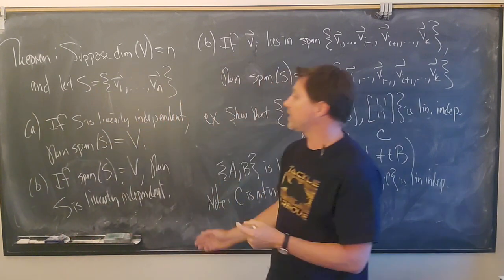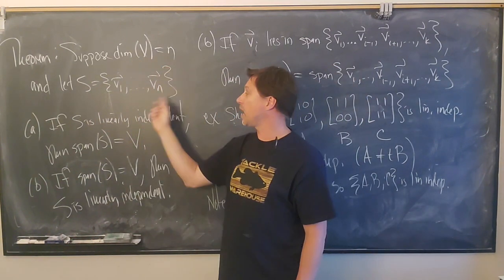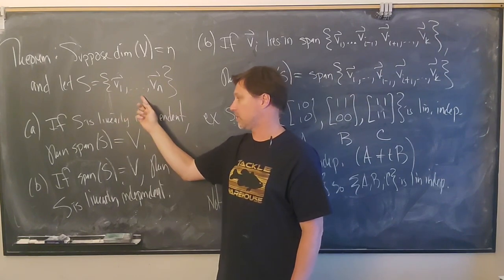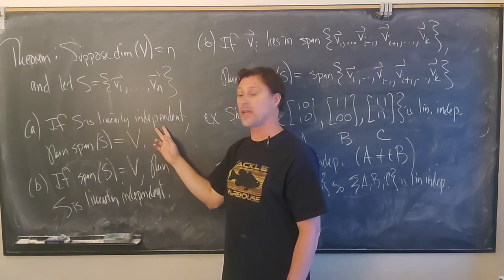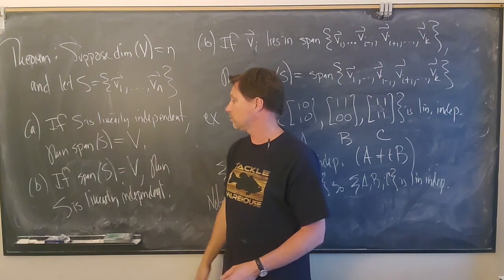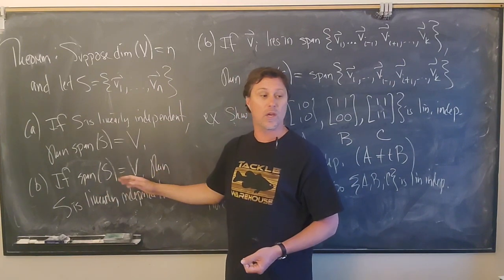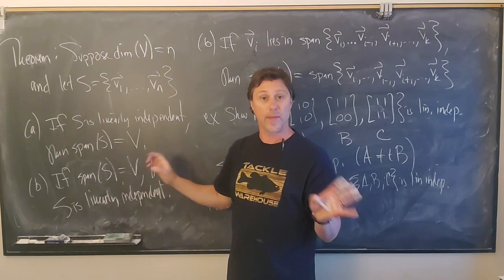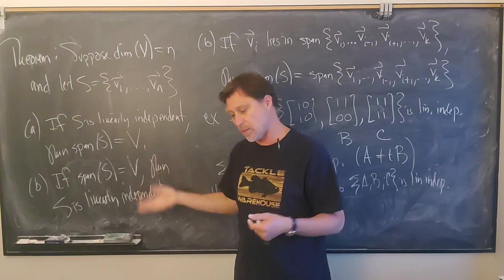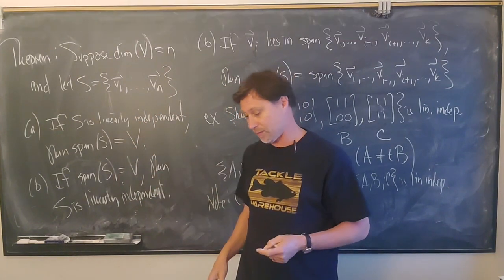If you want to identify a basis, you already know that your vector space has dimension n, so you've got to work with sets that have n elements. If it happens to be linearly independent, then you don't need to check whether it spans. You're guaranteed it spans. If you happen to know that the span is equal to all of V, you don't need to check that it's linearly independent. You get that for free. Right? So this theorem allows us to cut the amount of work used to identify bases in half.